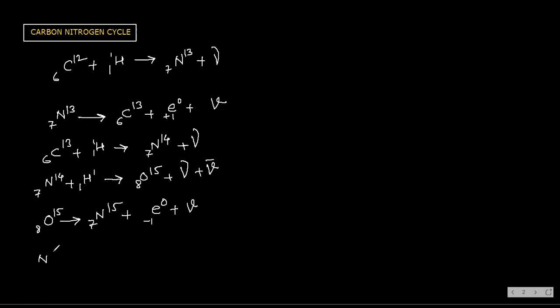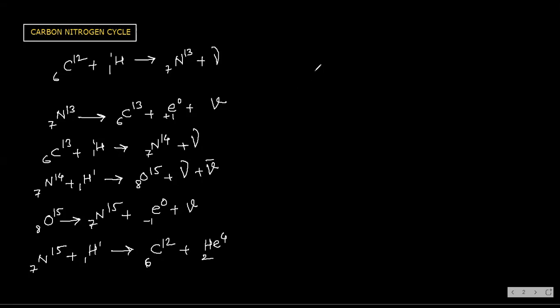And this nitrogen plus 1 proton gives you carbon plus helium. Like that, this is the carbon and nitrogen cycle. See, carbon to nitrogen you got, now here nitrogen to carbon. Clear? So note down this.